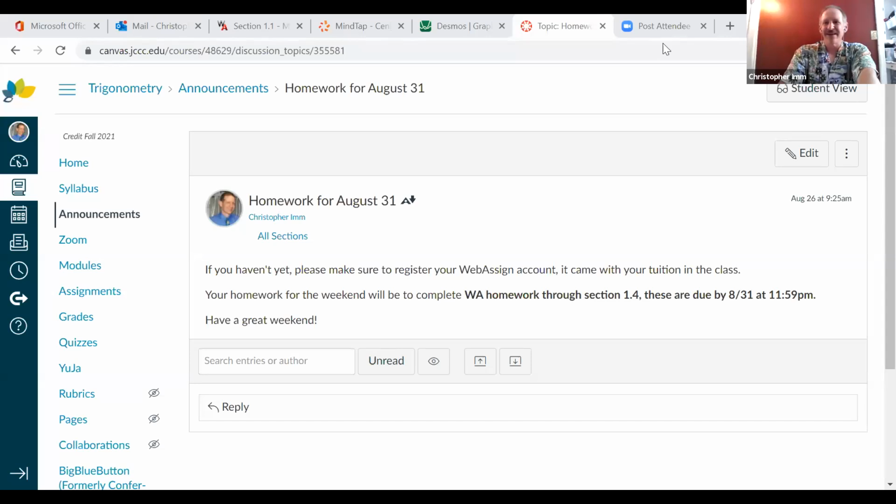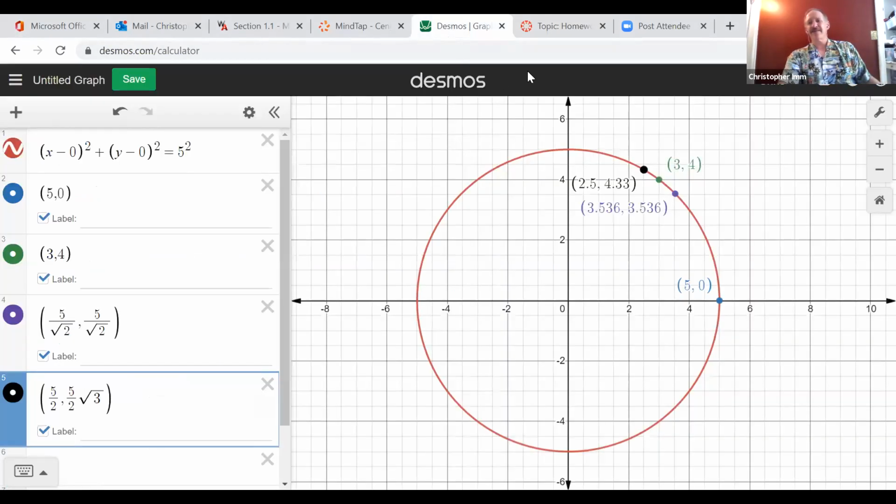Okay. So I'm going to show you what we were doing yesterday. Okay, do you see my Desmos circle there that we were looking at yesterday? Great. So we've got this angle that's going to terminate over here in quadrant 2.